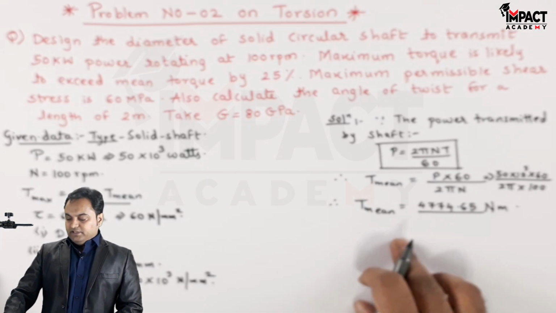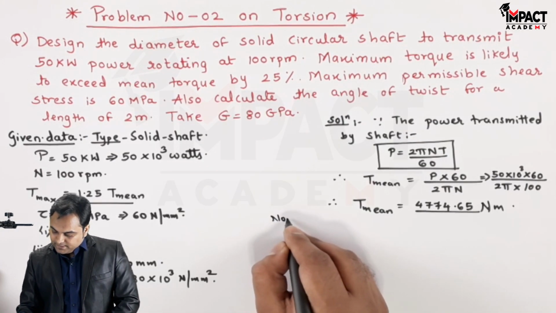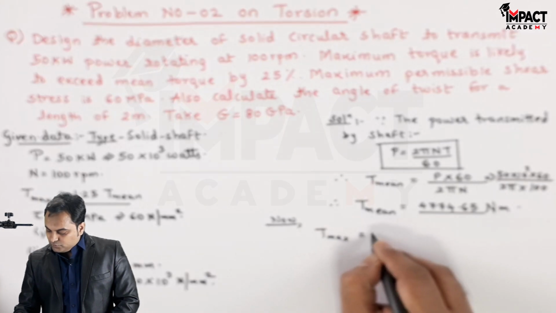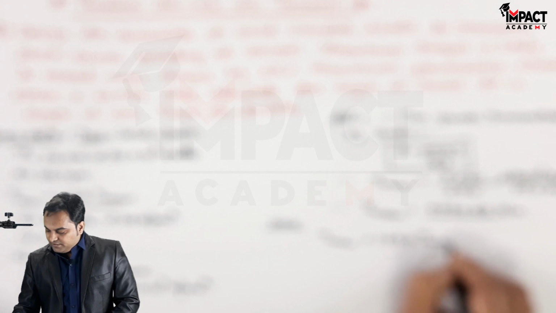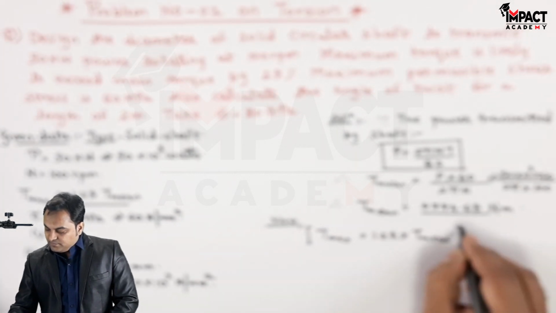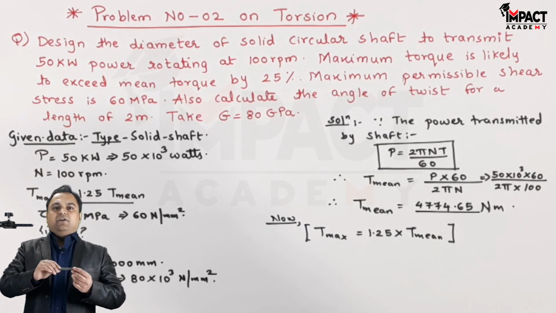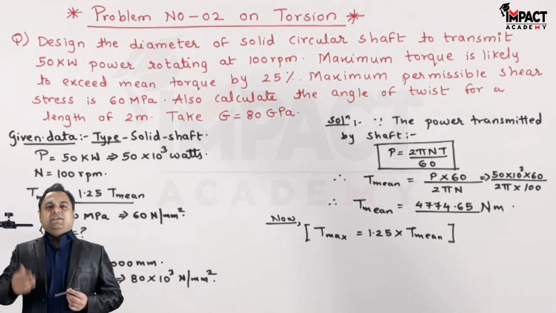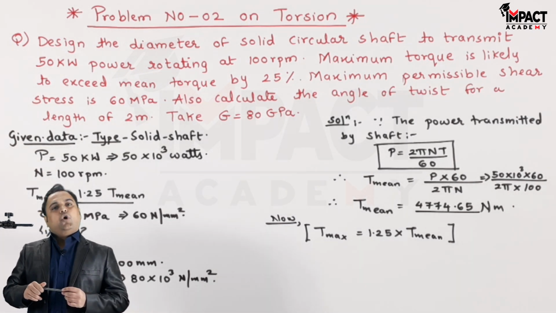Now, after getting the mean torque from the power formula, I'll get T max, and that T max is 25% more, so it is 1.25 times of T mean. Maximum torque would be there in the starting, that is if we are starting the shaft from rest, at that time it would be the maximum torque, whereas when the shaft is running continuously, it would be average or mean torque.